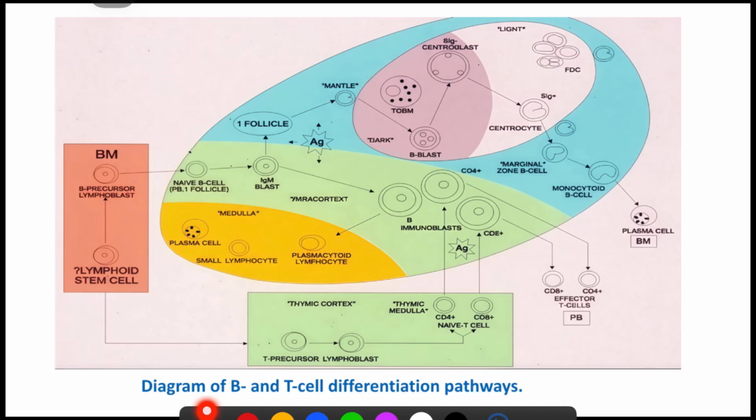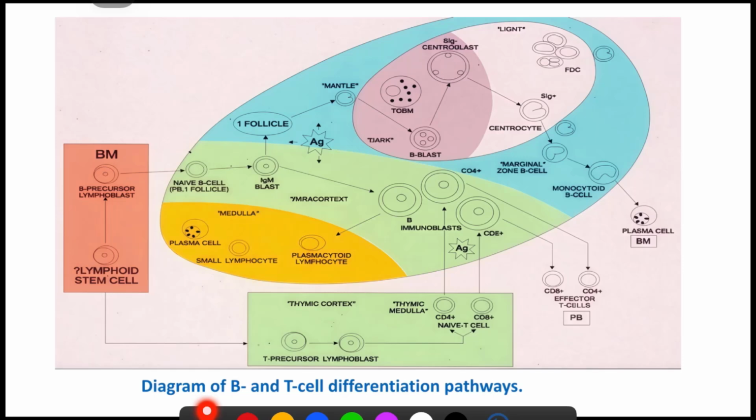So primary follicles and mantle zone lymphocytes express CD5 as well as IgM blast, right? So before activation and mantle zone, up to here, these cells are positive for CD5, right? So naive cells as well as cells in the mantle zone.